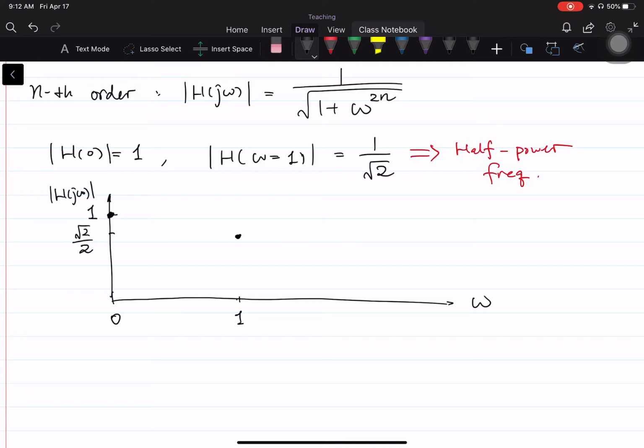So all the Butterworth filters in the normalized fashion must pass through these 2 points. Of course, the difference is how these two dots are being connected. Now draw three curves.